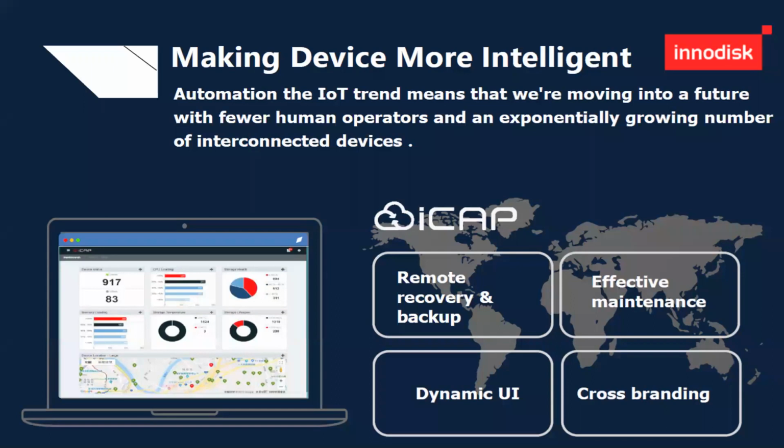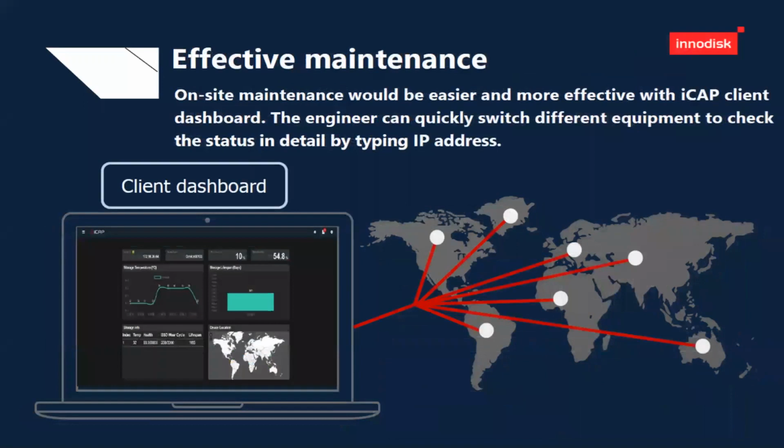It allows dynamic UI and is easy to customize for devices across brands. On-site maintenance would be easier and more effective with the iCAP client dashboard. The engineer can quickly switch between different equipment to check the status in detail by typing the IP address.